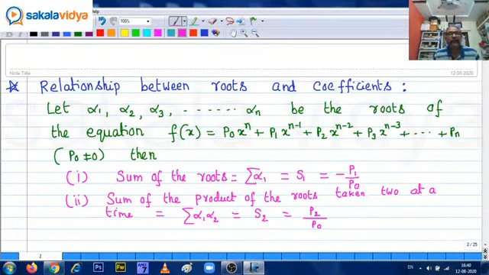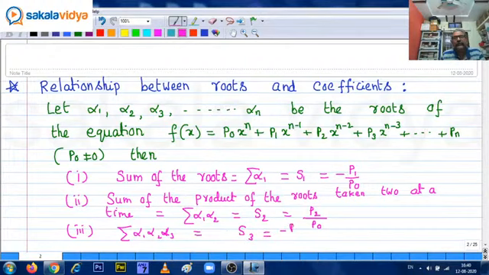So now let us find out S3. Similarly, we can find out sigma alpha 1 alpha 2 alpha 3 equal to S3. S3 equals minus P3.